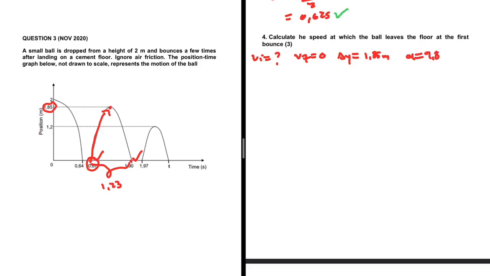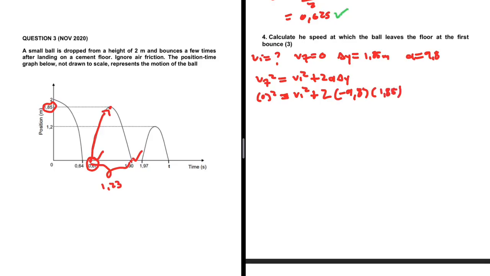With these 4 variables, we can say that VF squared equals VI squared plus 2A delta Y. VF is 0, so we have 0 squared equals VI squared plus 2 times the acceleration, which is minus 9.8. We take up as positive, and the displacement is plus 1.85.